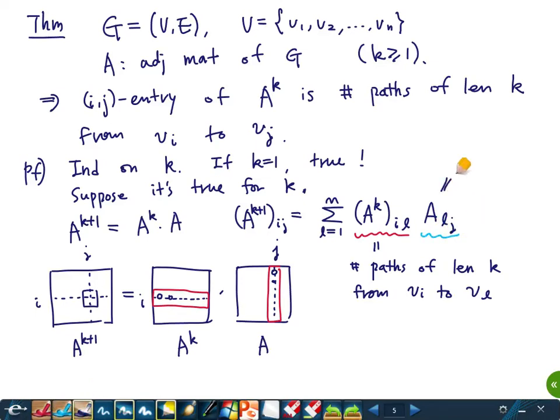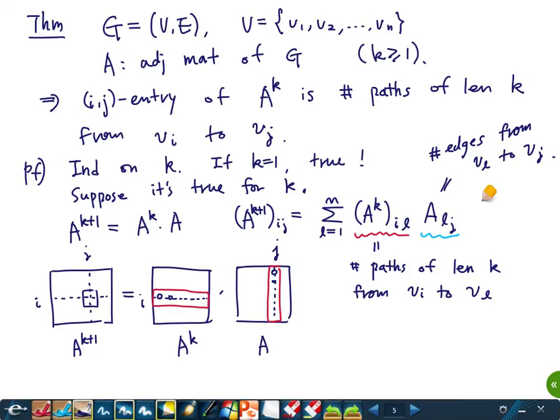This part is equal to the number of edges, we don't have the direction, but let's say from VL to Vj, or edges between these.